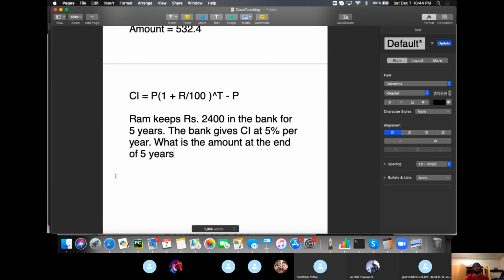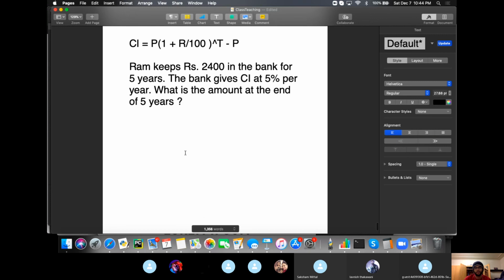Okay, so you can use a calculator if you wish to. I don't mind if you use calculators for this one because you have to understand the concept. What is the amount at the end of 5 years? I'm not asking you to calculate the interest. I'm asking you to calculate the amount. Can you do this problem?